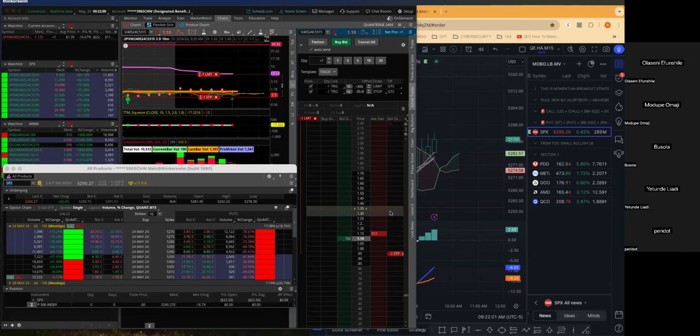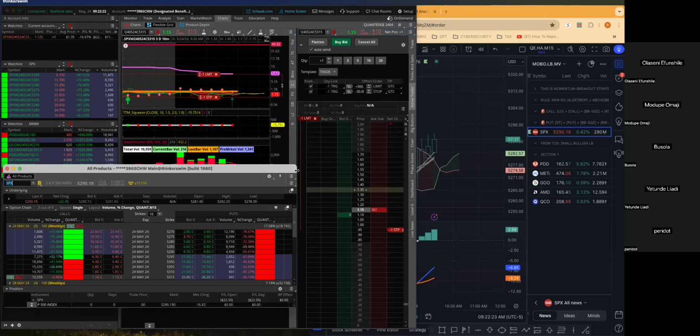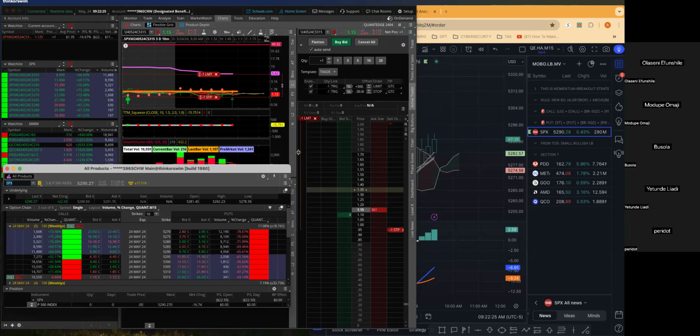You push it above your entry point to say 1.45. And if the price goes higher, you keep pulling it up higher and higher to trail the price. So if the price now falls, you will get taken out at your stop loss and you keep some profit. So let's observe that and see how that plays out.